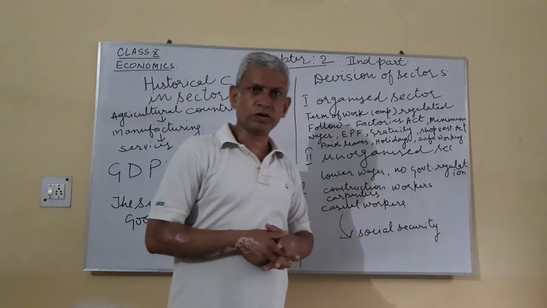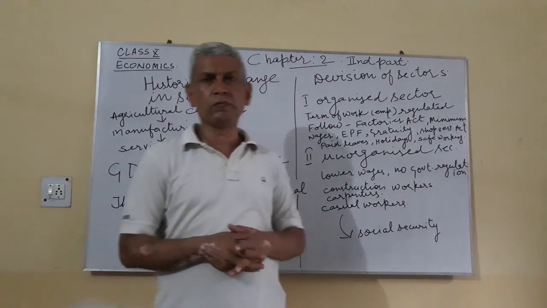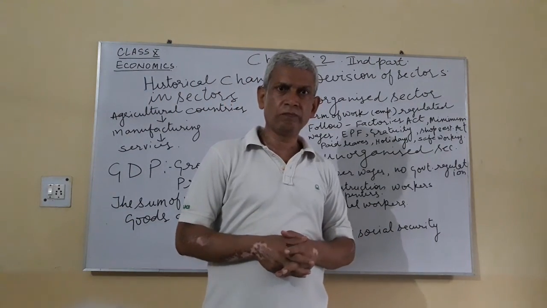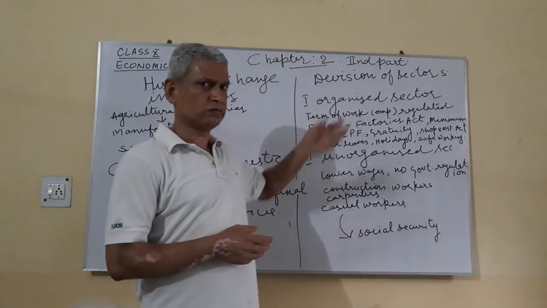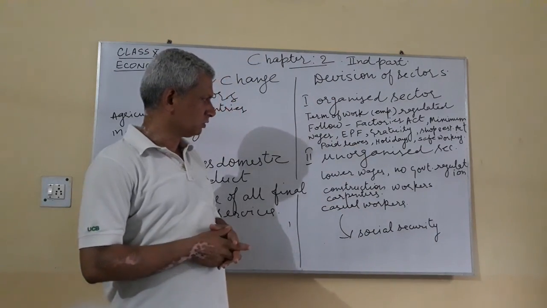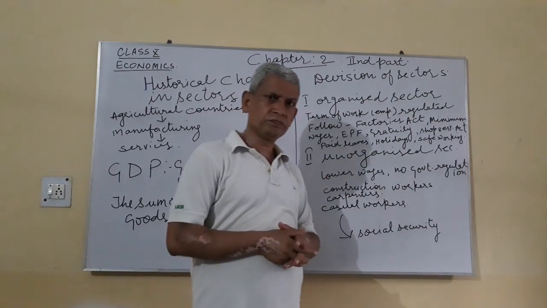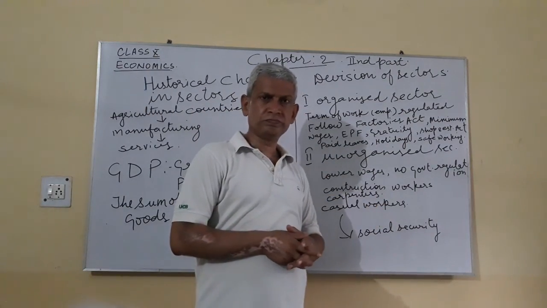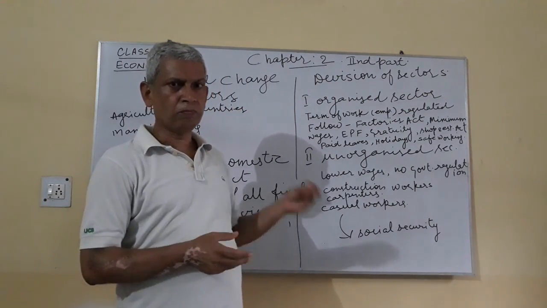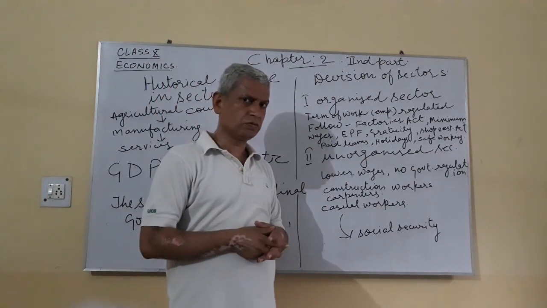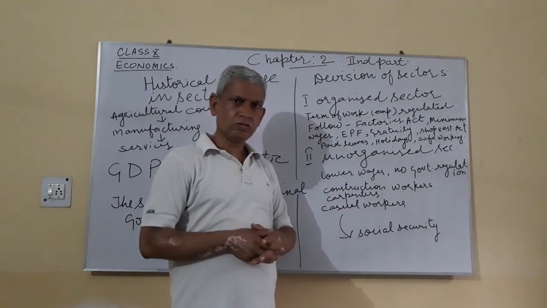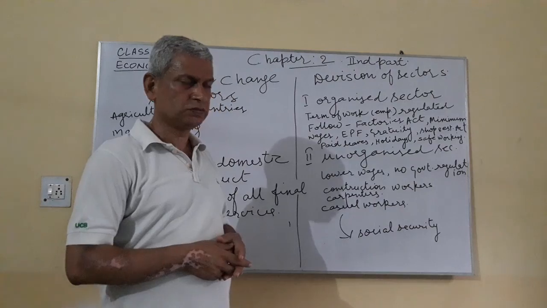People who work in the organized sector, for example, are people working in banks or in industries. On the other hand, people working in different shops, construction laborers, landless agricultural laborers, plumbers and carpenters, you put them into the unorganized sector. So let us try to differentiate.